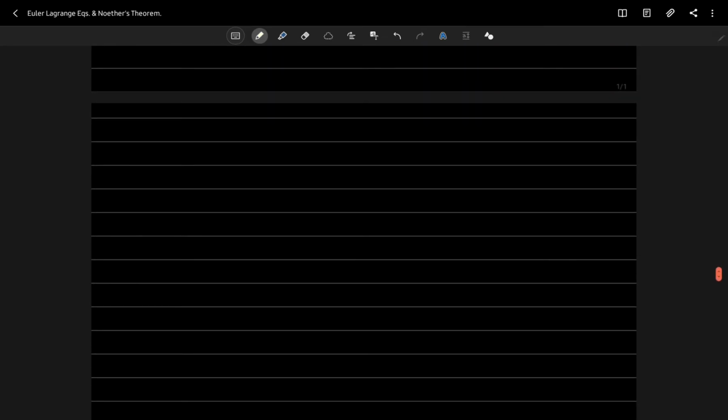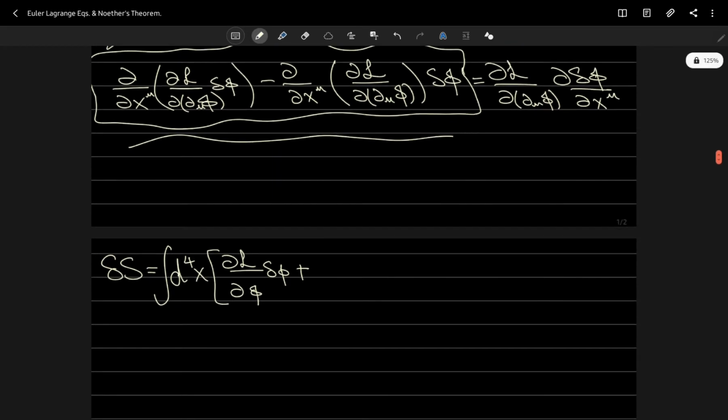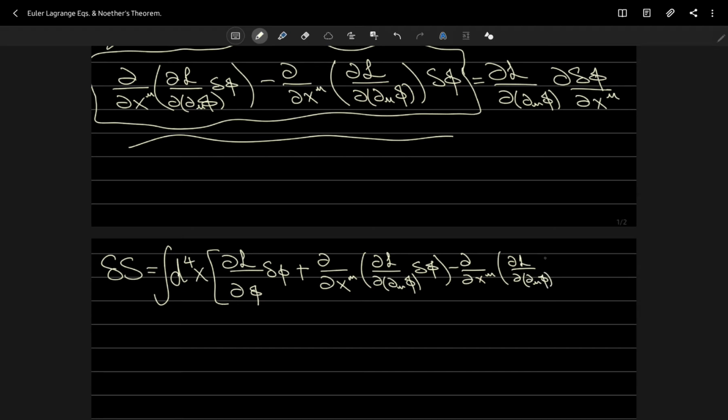Well, let's write it down. δS would be equal to the integral d^4x, and this first term as it is, which was ∂L/∂φ δφ, and then when we replace the second term with this one, we get ∂/∂x^μ of ∂L/∂(∂_μ φ) δφ minus ∂/∂x^μ of ∂L/∂(∂_μ φ) δφ, right?